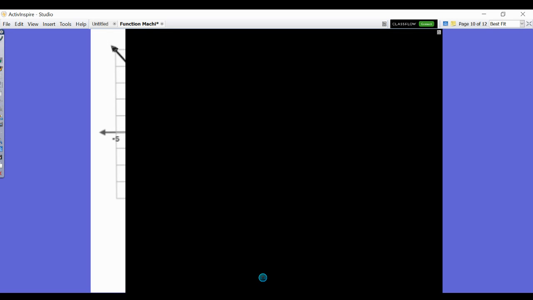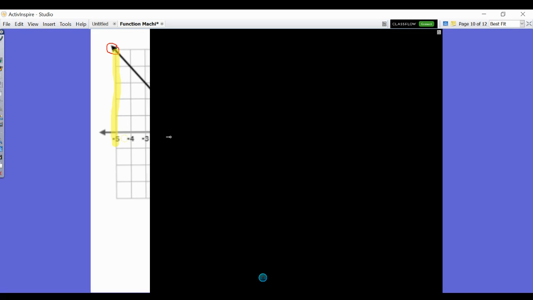I need to indicate where I am on my x-axis. Let's use red. Red is much more vibrant. And because I'm using my x-axis, I'm going to drop a straight line straight down to my x-axis so I don't forget what number I landed on.